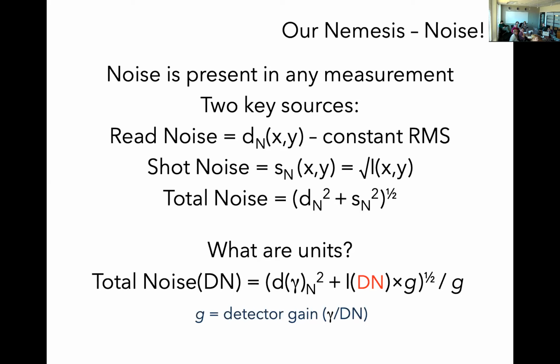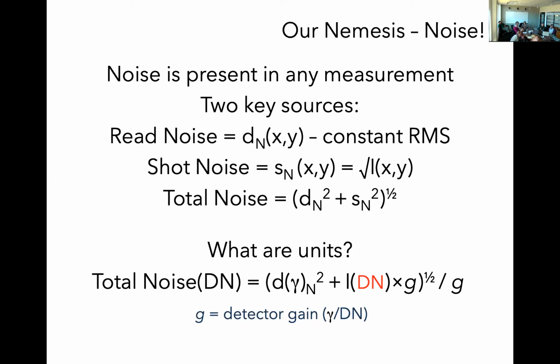In order to compute your total noise, figure out from your signal what the noise is, you just have to make that conversion from your DN intensity, the data numbers in your file, use the detector gain, the photons per DN, and convert that back into photons.